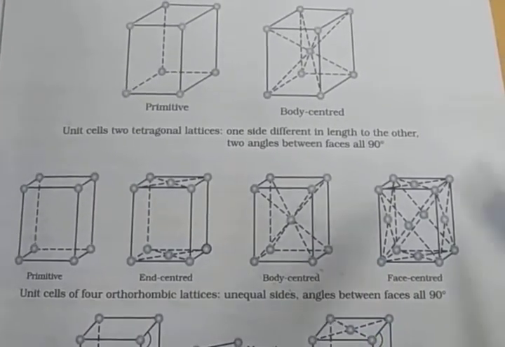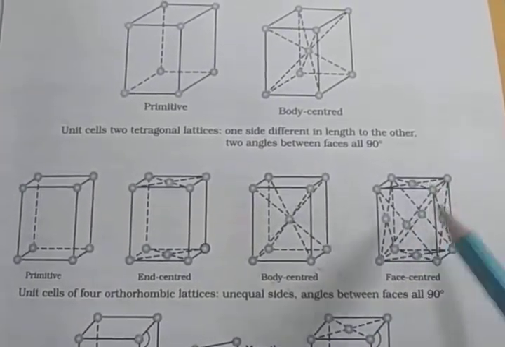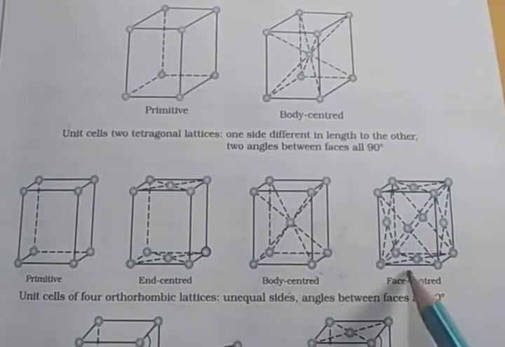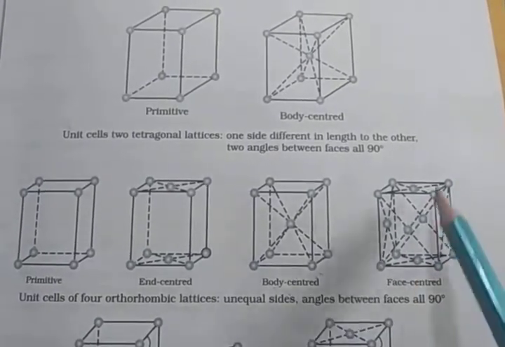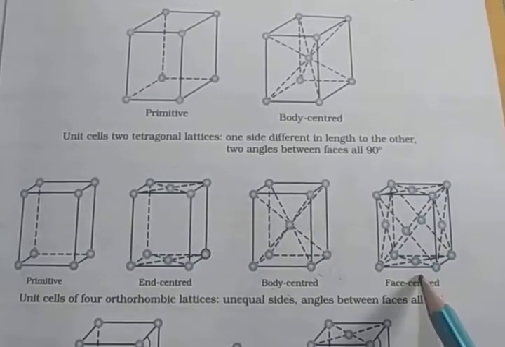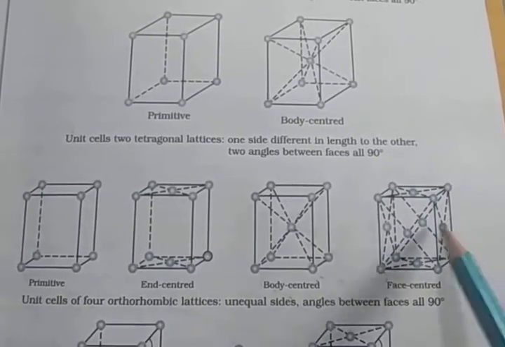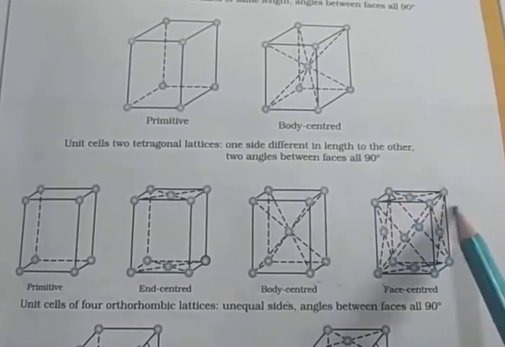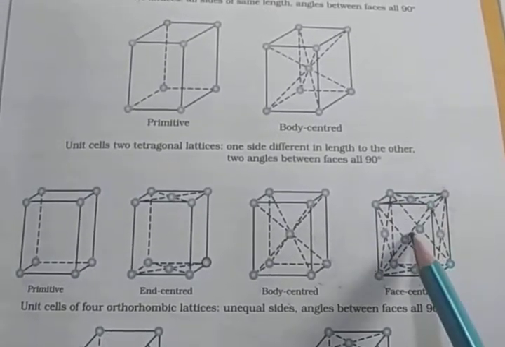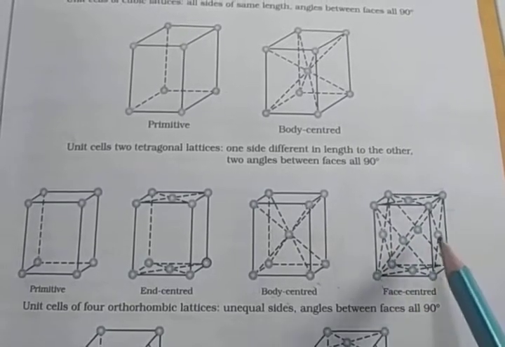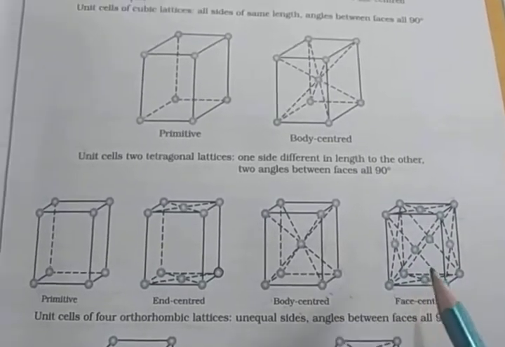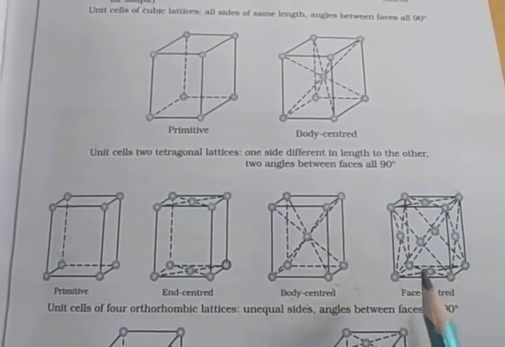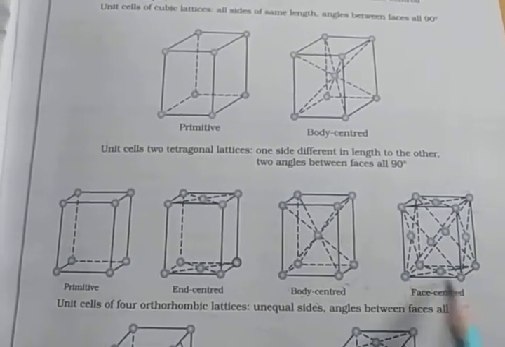If corners are present, and constituent particles are also present on the faces, corners already present but faces also, like this one face, in the center of the face, then constituent particles are present on the face, so it is face centered.